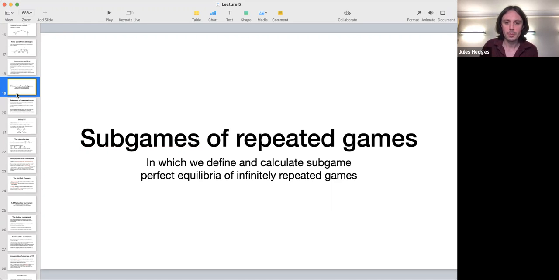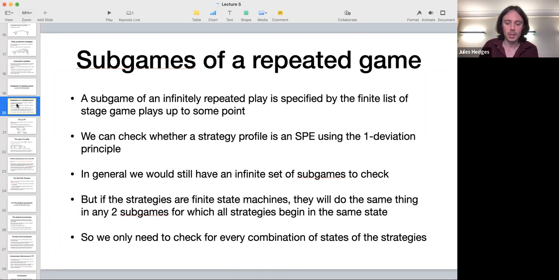Okay, so now we're going to talk about subgames and subgame perfect equilibria of infinitely repeated games. If you imagine an infinitely repeated game as a tree, we branch for every round, and this just keeps going to infinity.